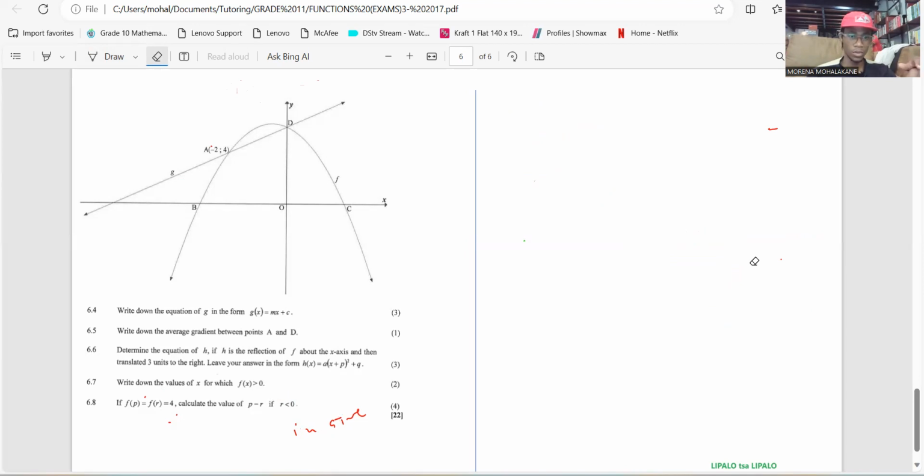Now we know that r is negative, so we'll get into the representations.